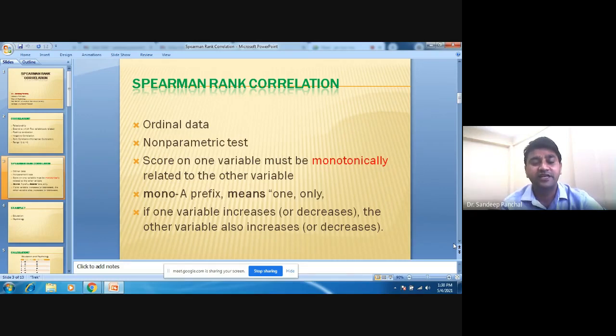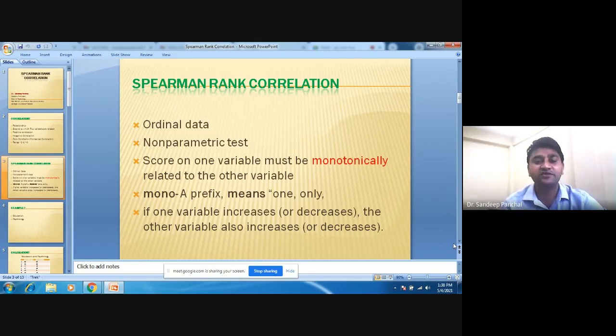It means if one variable is increasing in a direction, then the second is also increasing in the same direction, or both are decreasing in the same direction. That is why it is known as monotonic. Mono means one direction, a single direction.